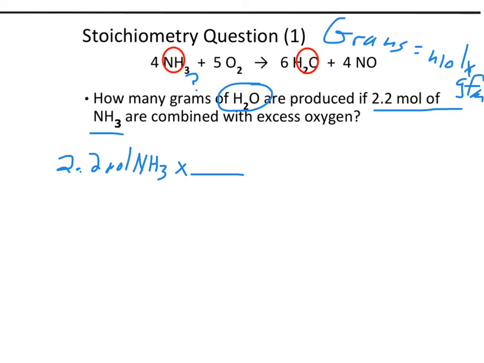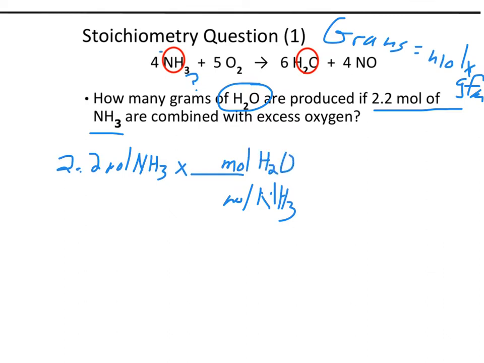Do we have moles of water? No, you have moles of NH3. So you're going to do your stoichiometry, the mole to mole thing, which is what we've been doing for the past couple of days. What goes on the bottom? The moles of NH3. What goes on top? The moles of H2O.